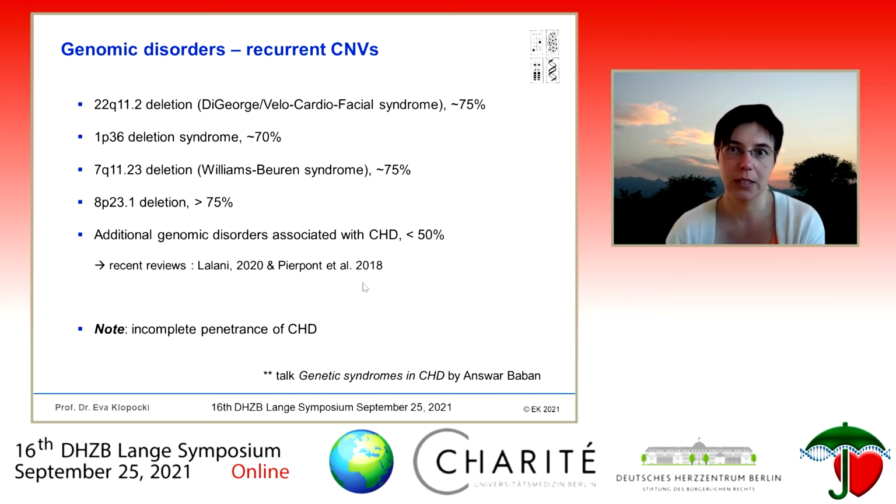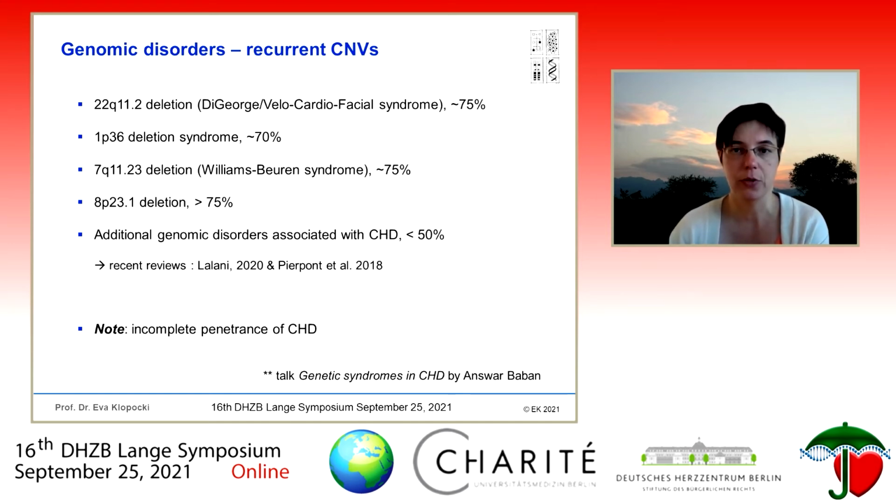I don't go into detail of additional ones, so we can come up with approximately 40 genomic disorders which also have CHD in their phenotypes, and I could not list them all. One important thing I want to point out already here is that we always have to consider incomplete penetrance for the cardiac phenotypes. So these are not always present, which you should keep in mind.